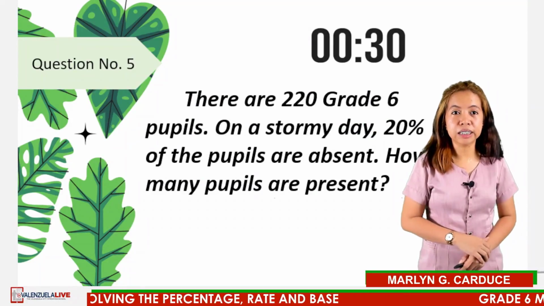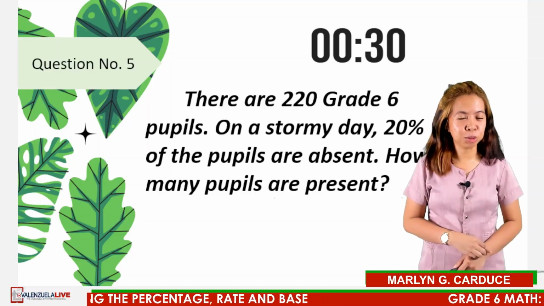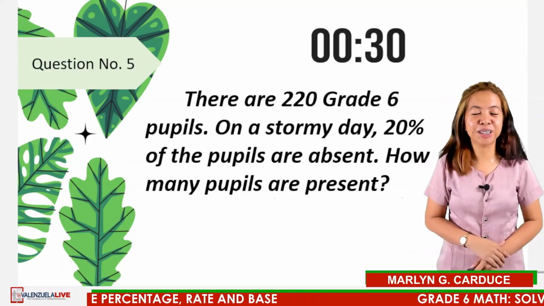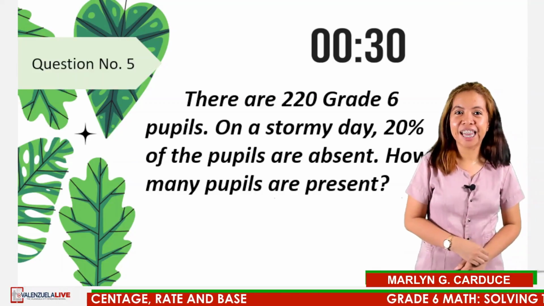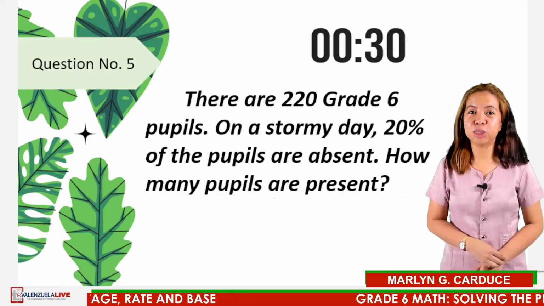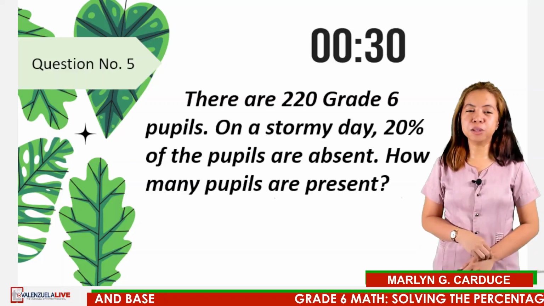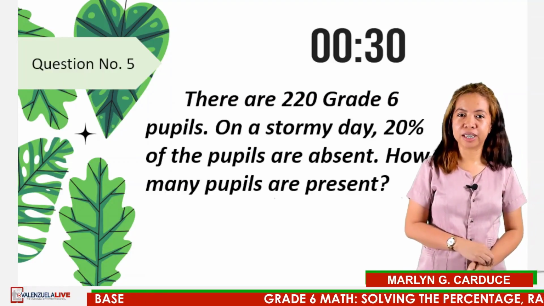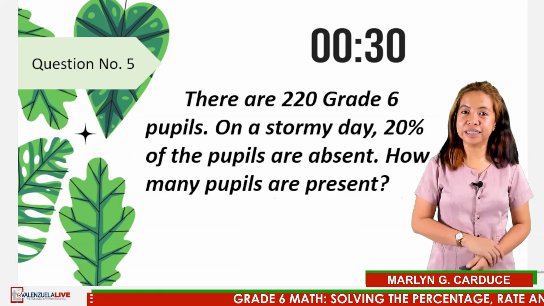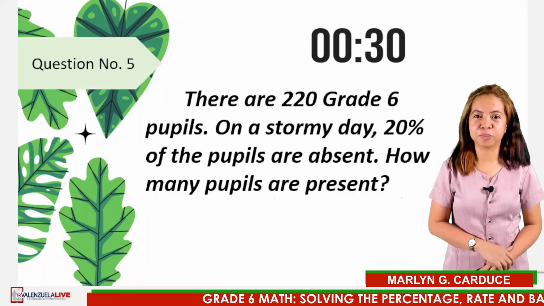For the last question, there are 220 grade 6 pupils, and on a stormy day, 20% of the pupils are absent. So how many pupils are present? So your 30 seconds time starts now.